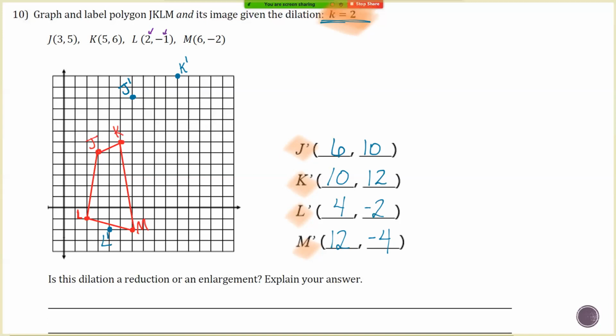To graph L prime, I'm starting at the origin, going right 4, down 2, and I'm labeling it L prime. And then M prime is at the ordered pair 12, negative 4, all the way down here.